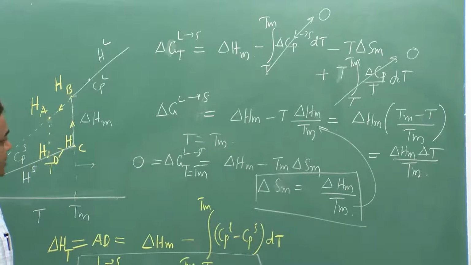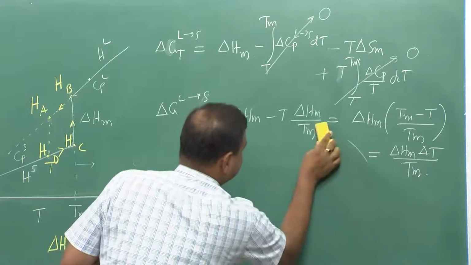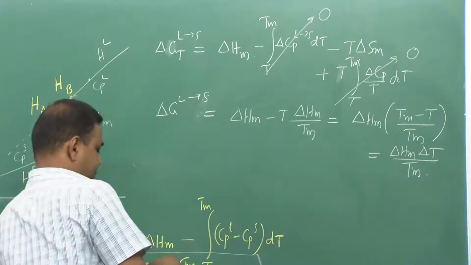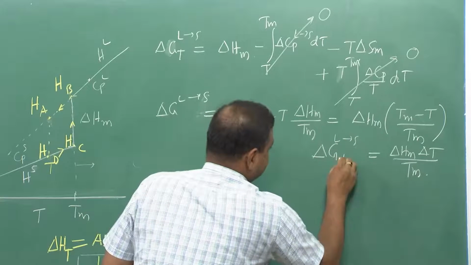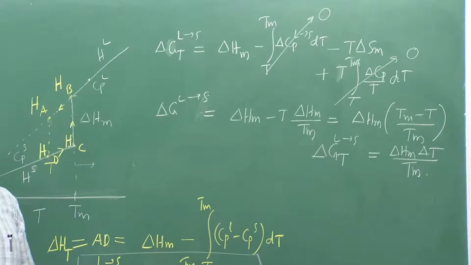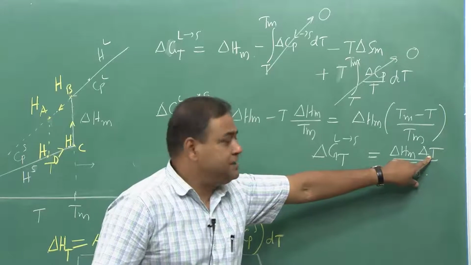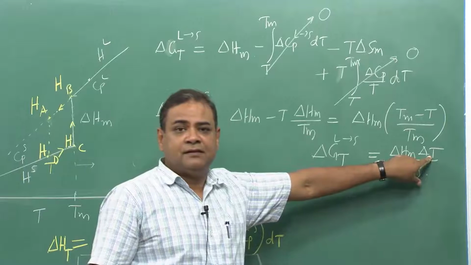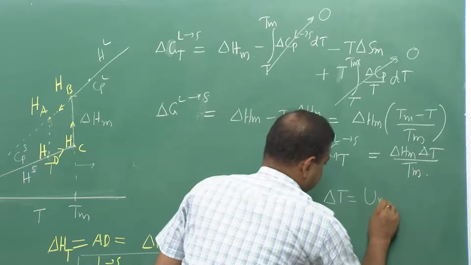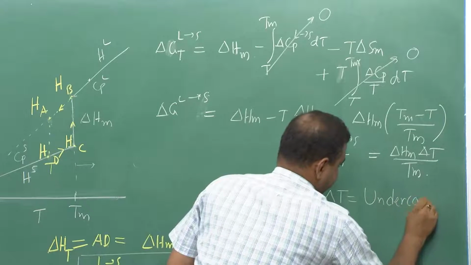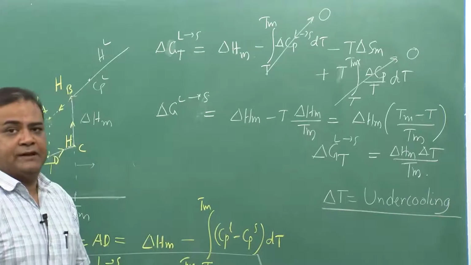Fine. So the final expression is this, where del T is nothing but the undercooling.